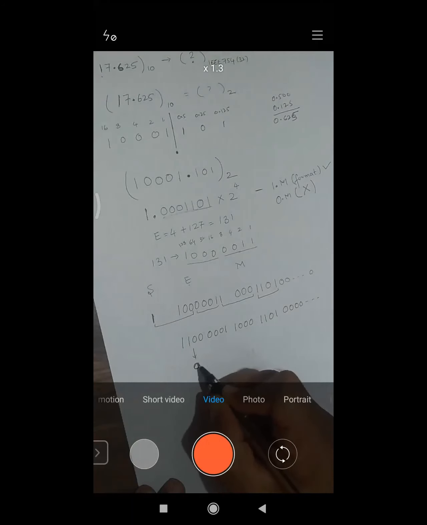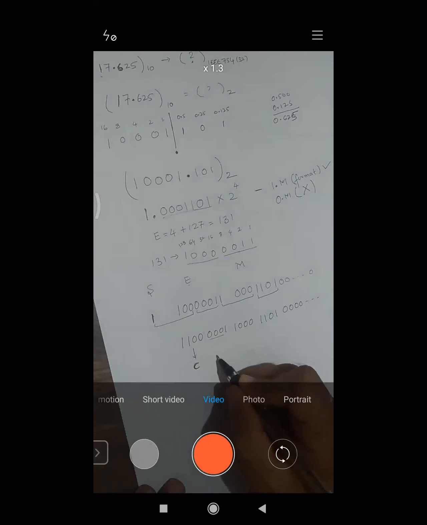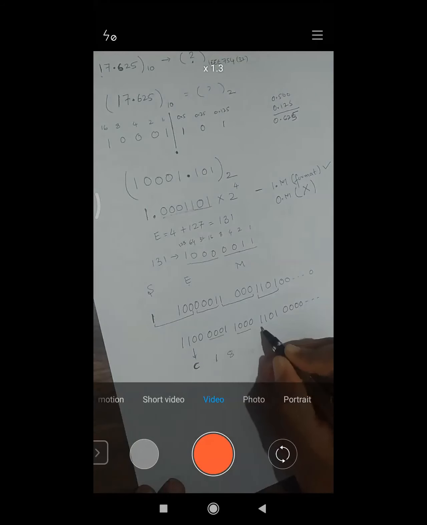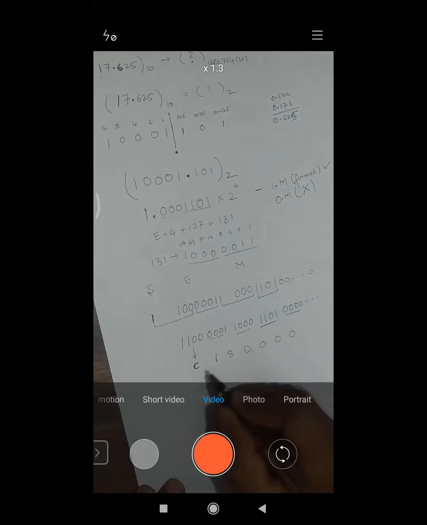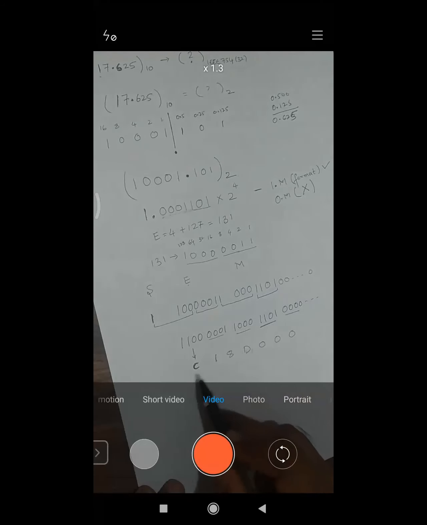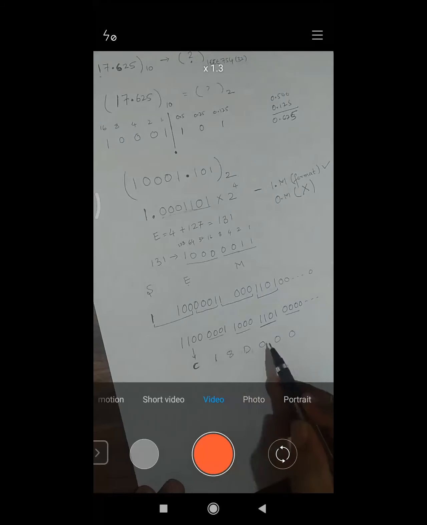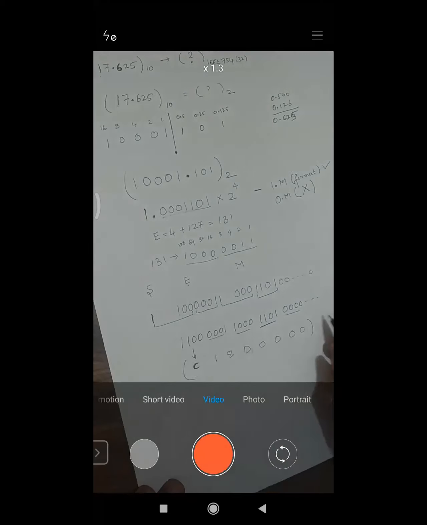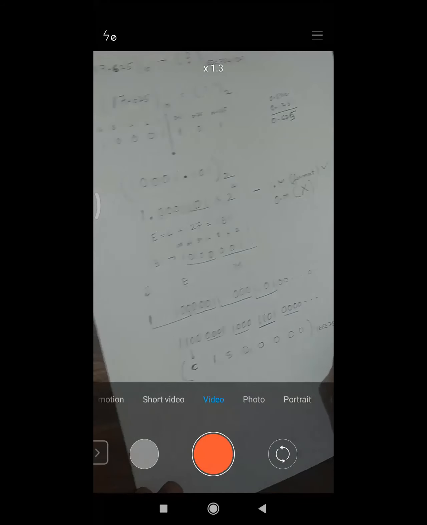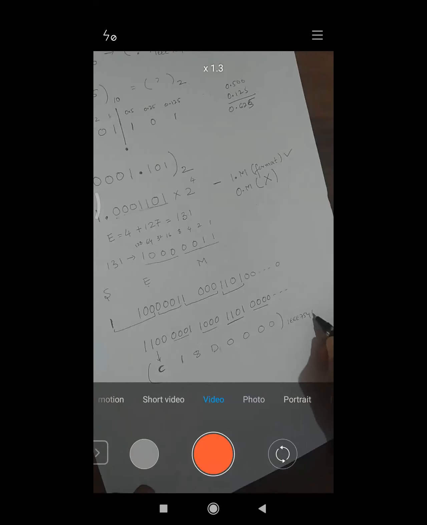It is C. This is 1, this is 8, and this is 8 plus 4, 12, which is D, and the rest 0. Totally 8 digits you need to write, because each hexadecimal digit is 4 bits. So this is finally your IEEE 754 in 32-bit format.